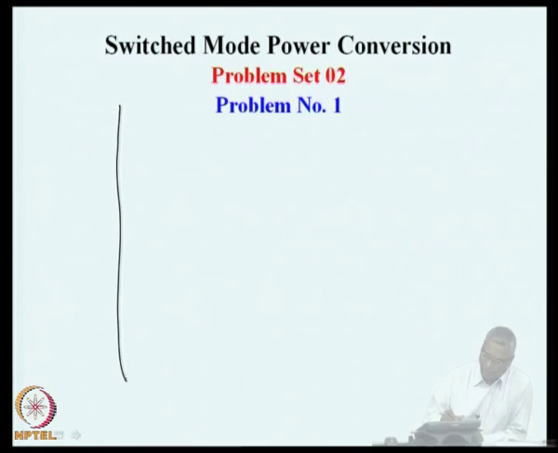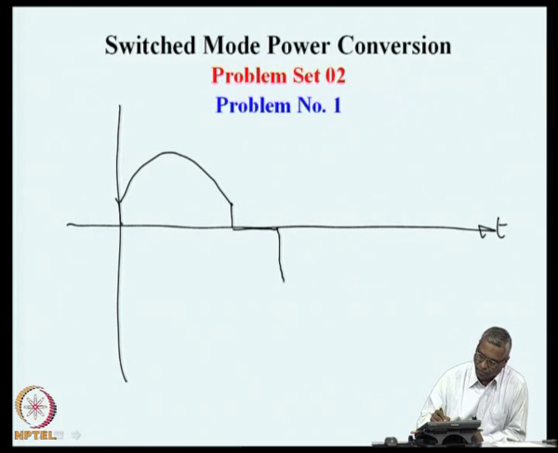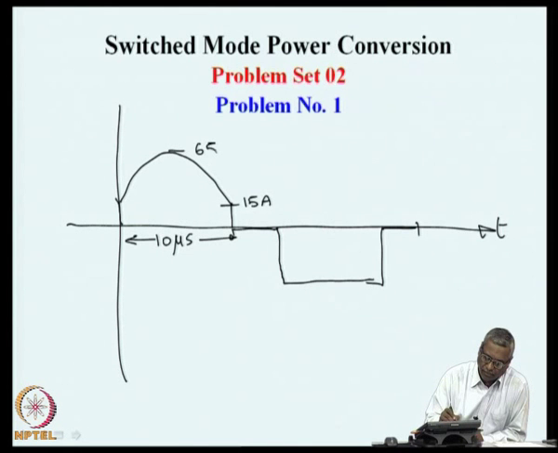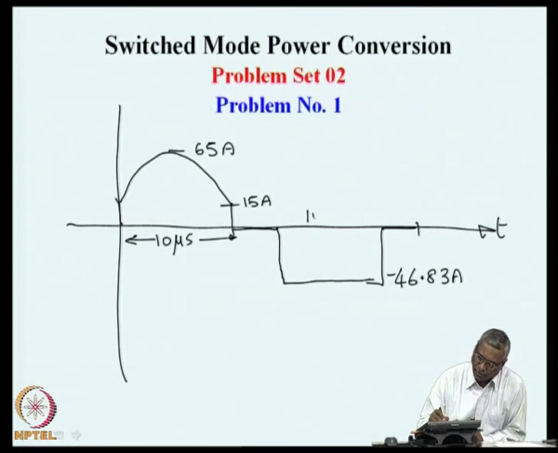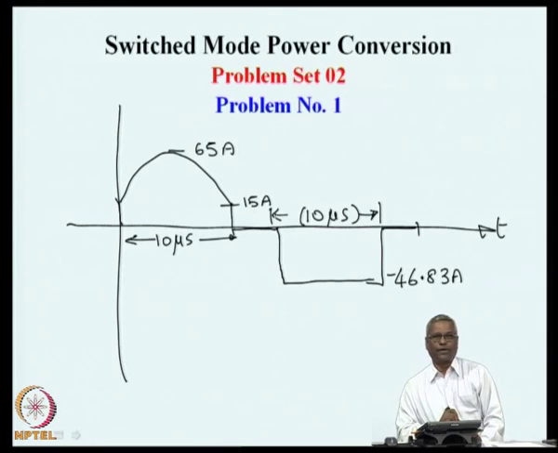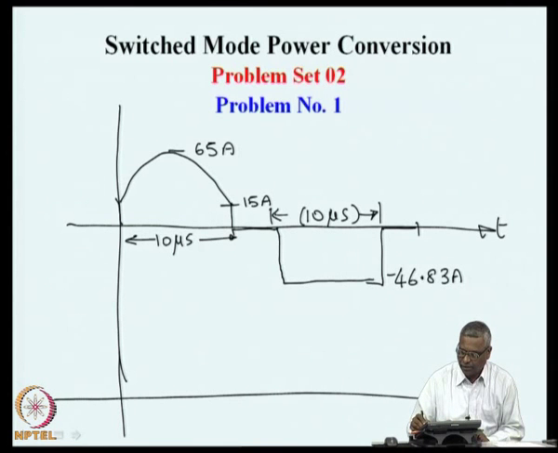For example, if we see the current waveform, and if we draw these, we can see that initially the voltage across the capacitor is 0.